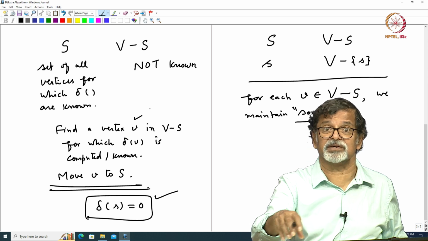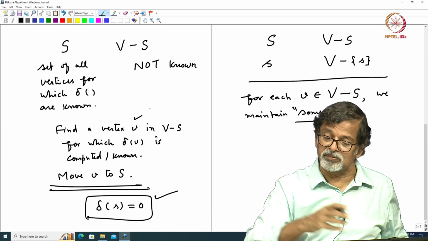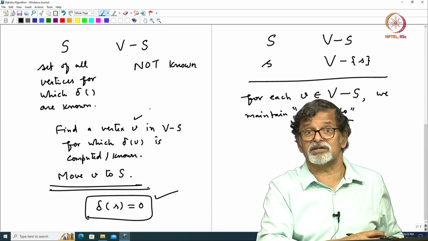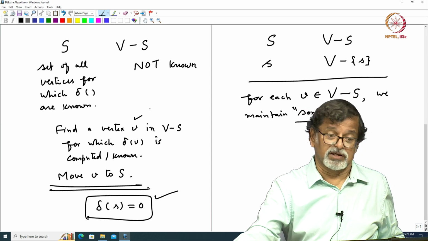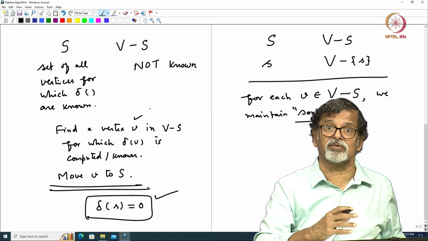Using this information I should be able to do that. So, what information is to be maintained for each vertex? This is where the intuition which I have discussed before comes in.